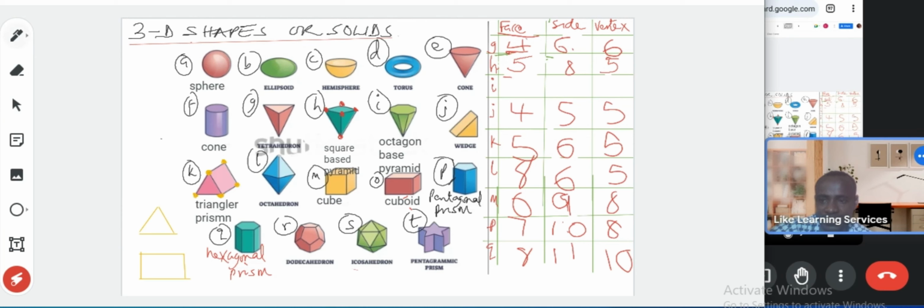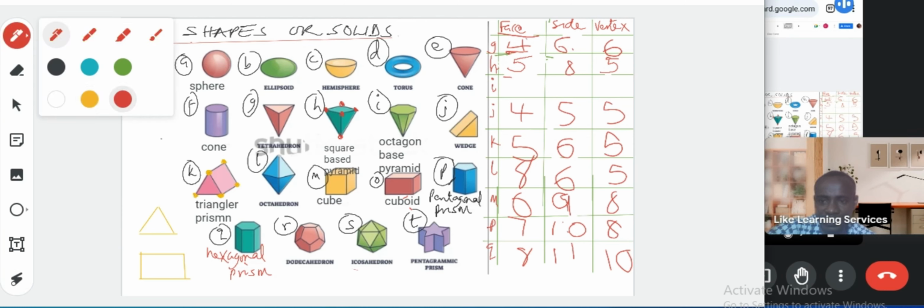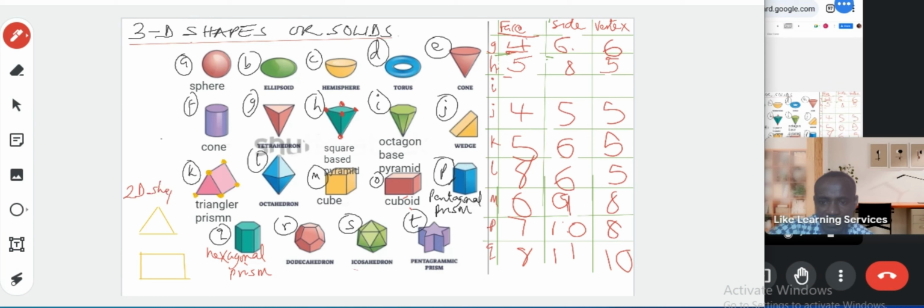All right. I didn't hear you. A hexagon is a 2D shape. Yes, a hexagon is a 2D shape because it has only two dimensions. Just two dimensions.